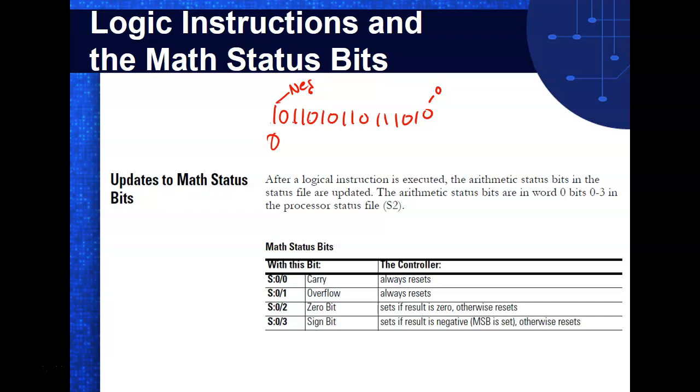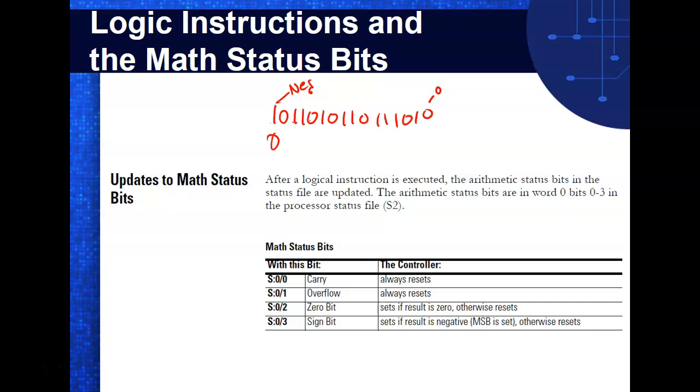Is this number equal to 0? No. So what the 0 bit is going to tell us is whether the results of the logic operation, all 16 bits, end up being 0. If all 16 bits are not 0, then the 0 flag would be clear.